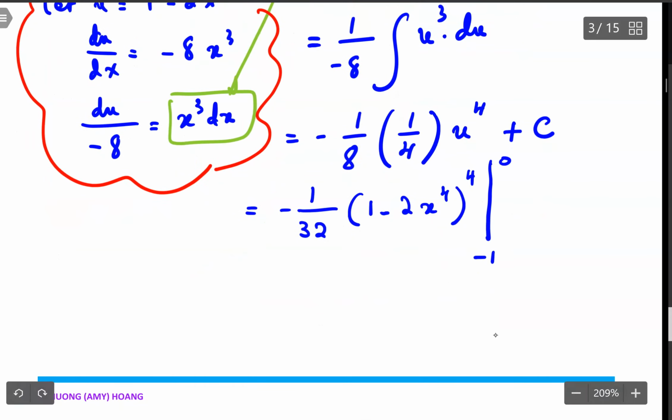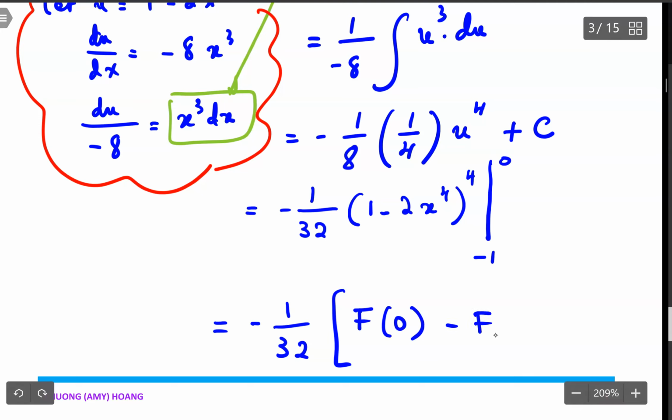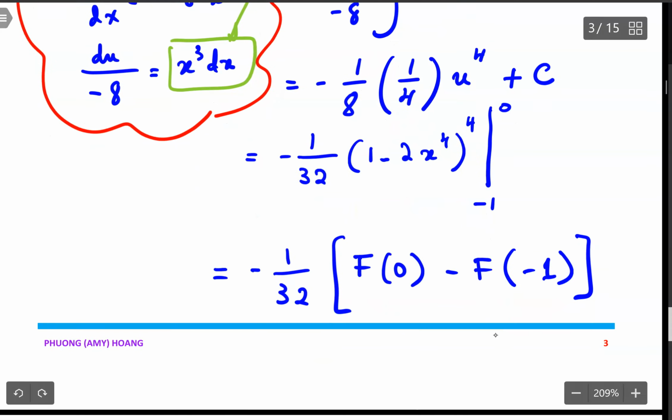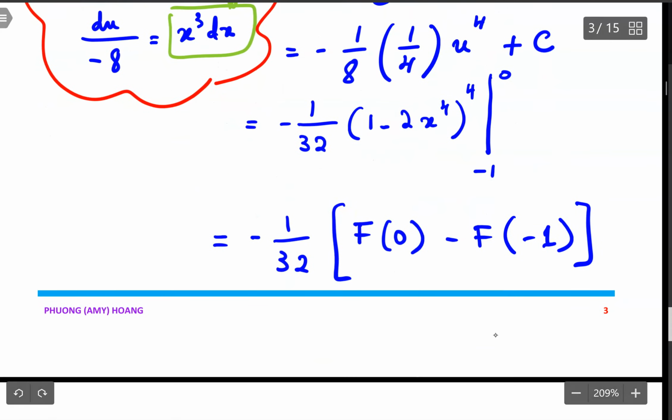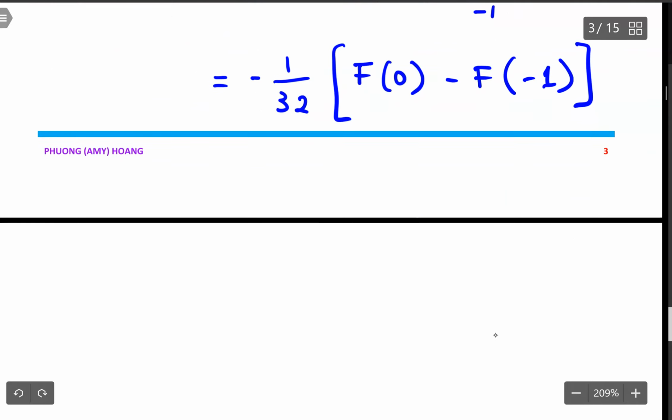I would like everyone to analyze and remember that you are going to calculate f of 0, subtract f of -1, because you take the integral at the upper limit and subtract the one at the lower limit. And I put the -1 over 32 at the front, and I calculate at the end.